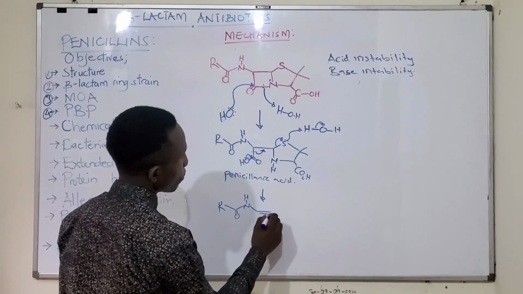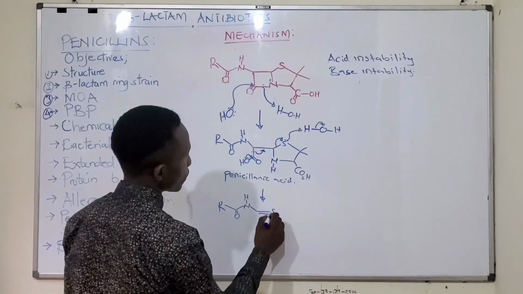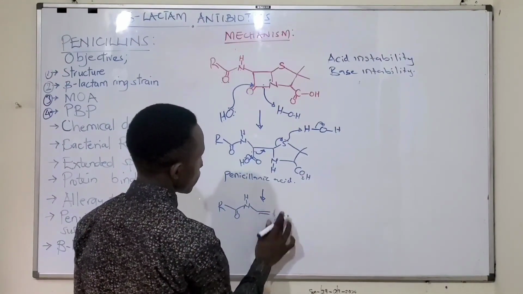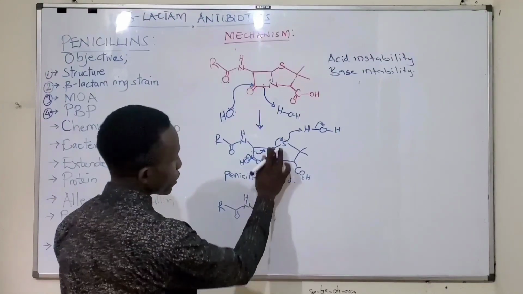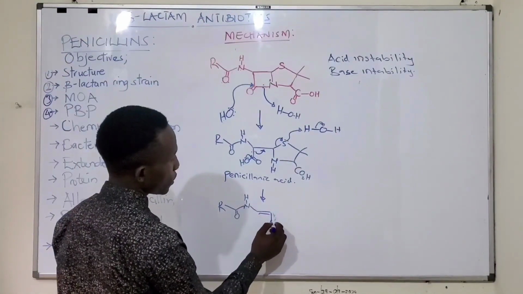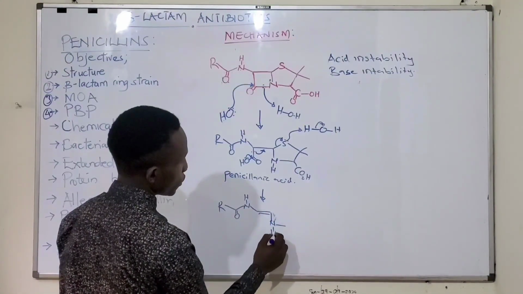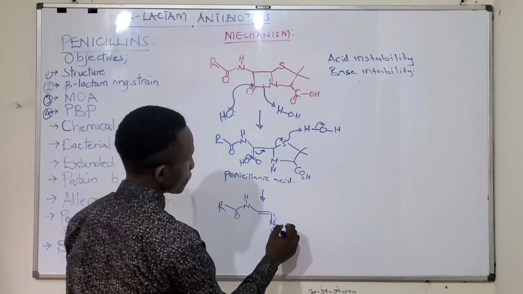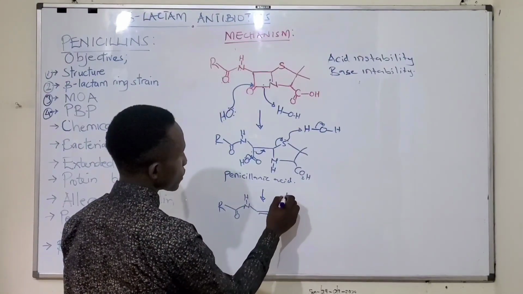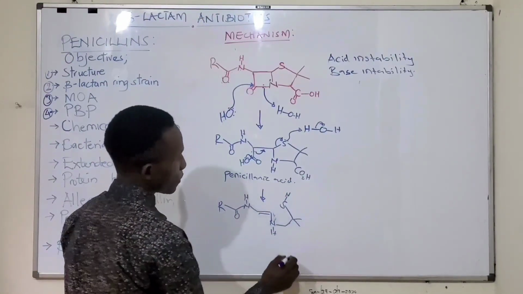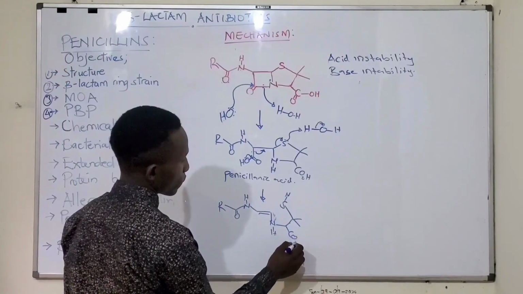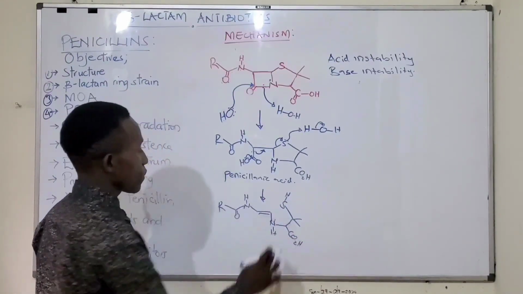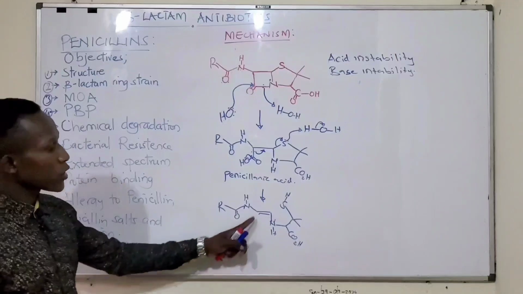Now we form a double bond here with S. This bond has broken off. So with N, H, S, H. So this is what we have.